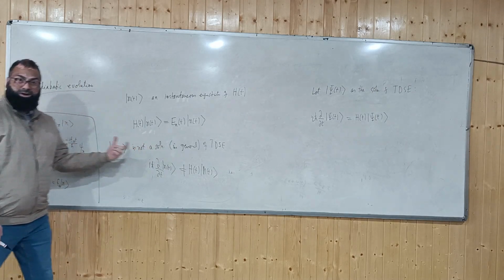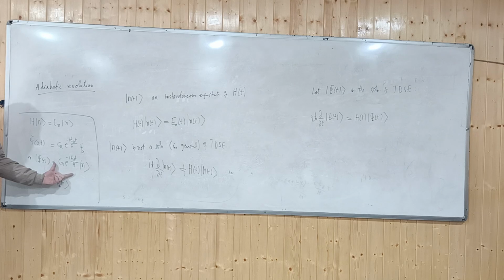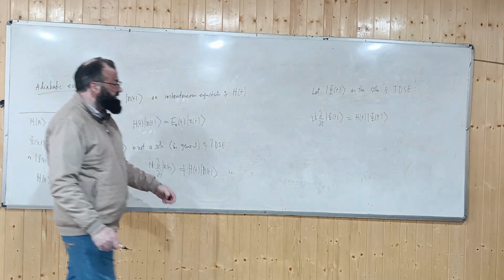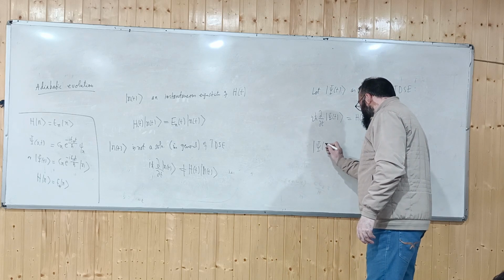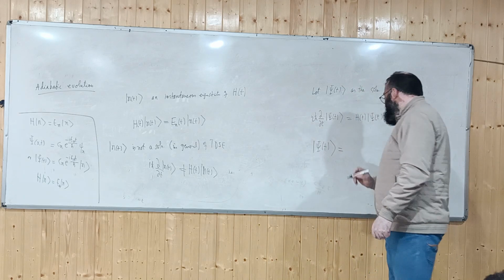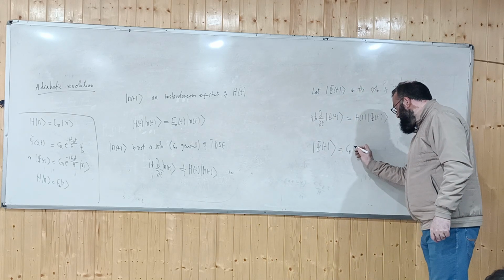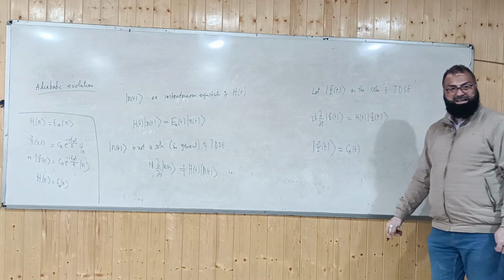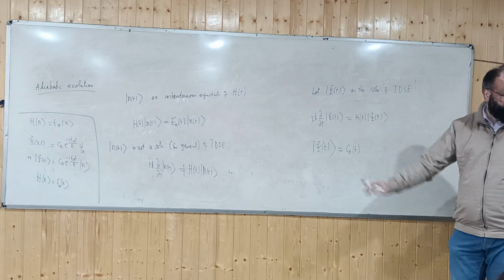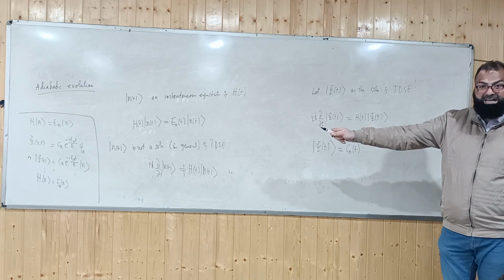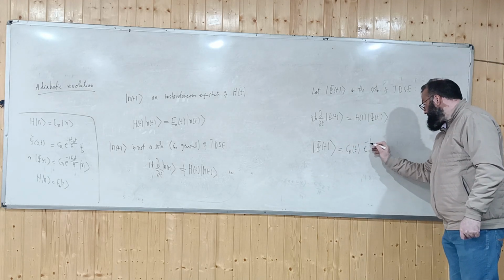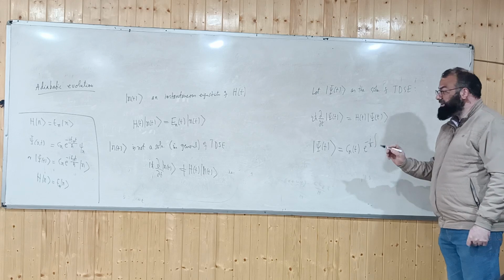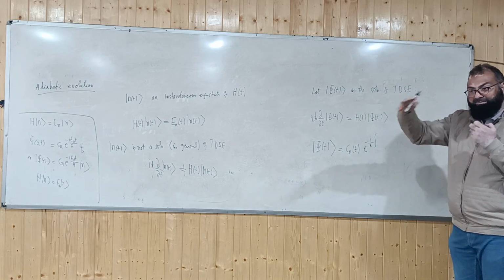In an analogous fashion, I will construct this ψ(t) this way. I will write ψ(t) with some coefficient C_n(t), because now the coefficients will be time dependent, and e raised to minus i by ħ, because now the energy is varying over time.